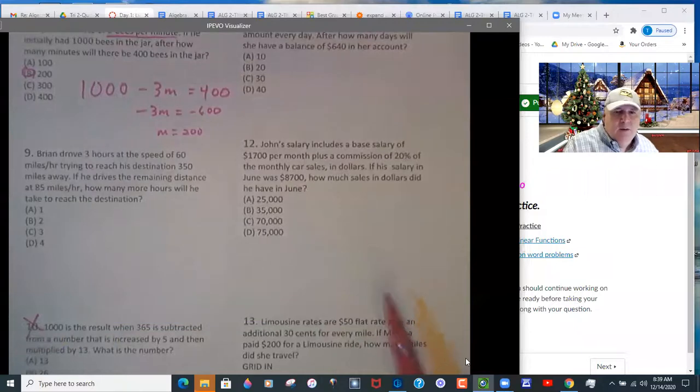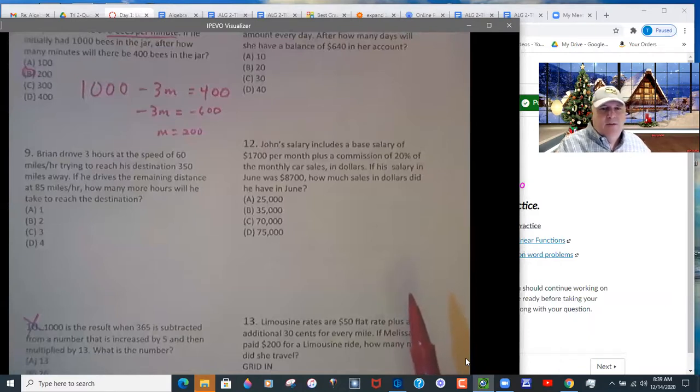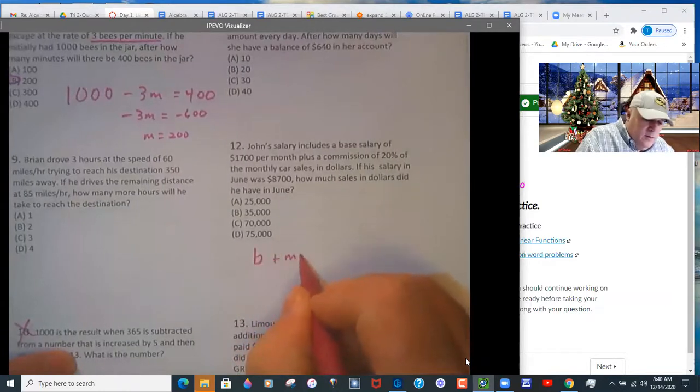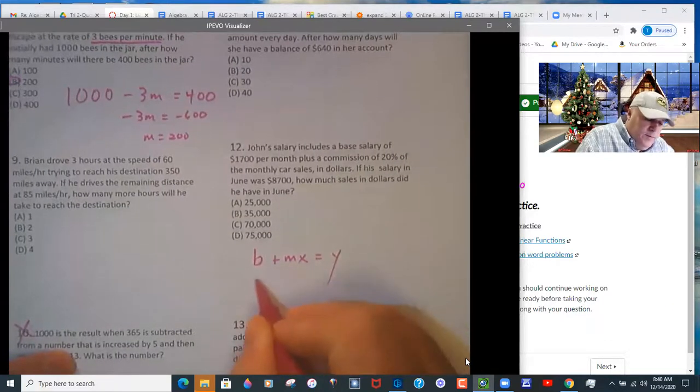Okay, so John's salary includes a base salary of $1,700 per month, plus a commission of 20% of the monthly car sales in dollars. If his salary in June was $8,700, how much sales in dollars did he have in June? So you're starting with 1700. That's your B value. You're trying to do this.